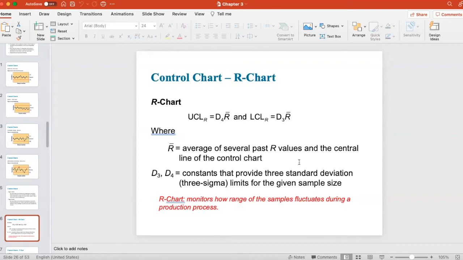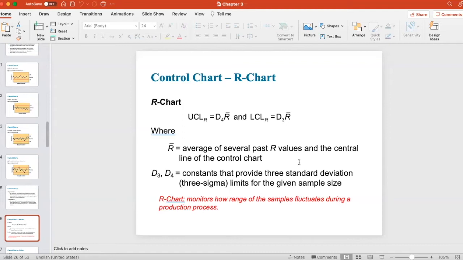So if you can understand the key difference among these 4 charts, you already get at least half of the overall idea related to the control chart. No matter which type of chart, whether R chart, P bar chart, X bar chart, or C chart, the key technique that we need to measure is basically just 2 simple things.